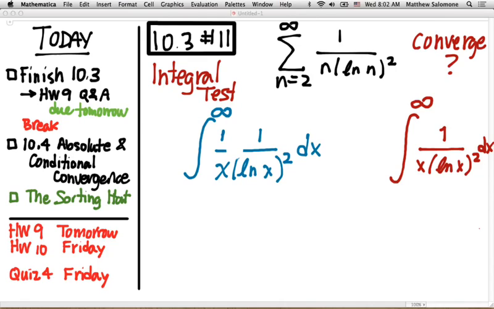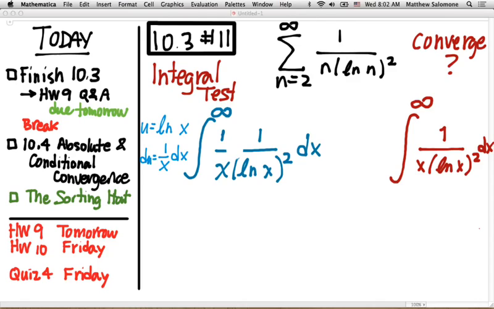Right. So this suggests which integration technique would be useful here. If I have an inside function whose derivative happens to appear on the outside, I'm talking about a u substitution. u equals the natural log of x, so that du is 1 over x times dx.